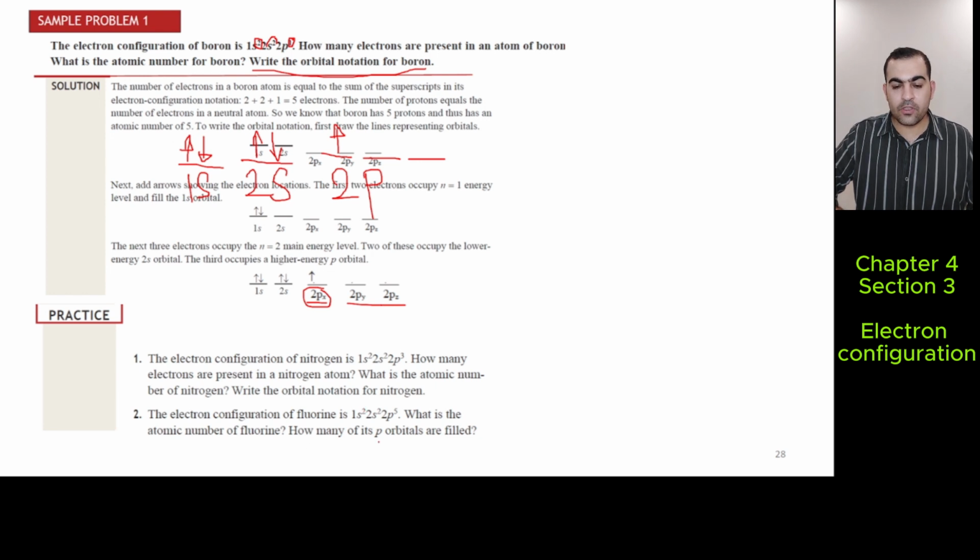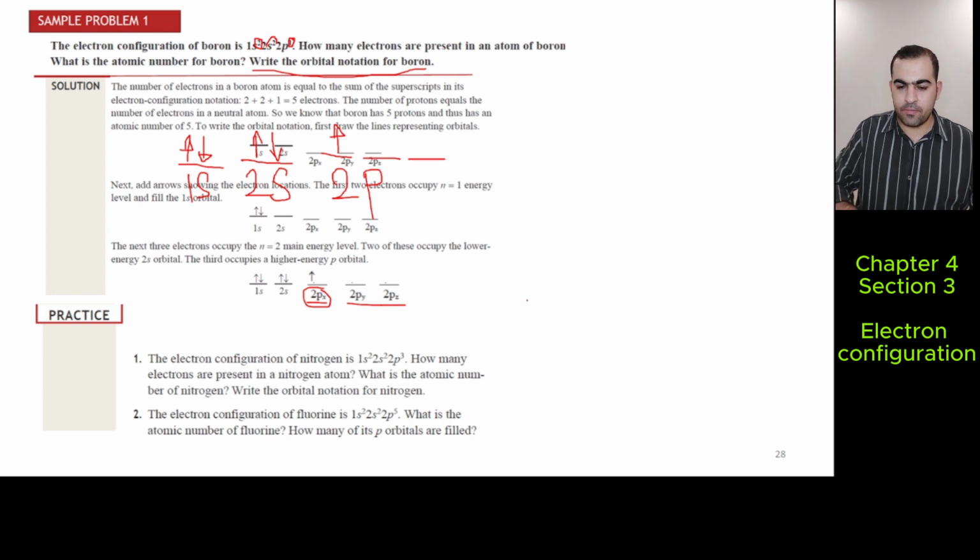How many of its p orbitals are filled? Here, how many orbitals are filled in p? None of them. How many are unfilled? For fluorine, we write 1s, 1s2 in the orbital notation.